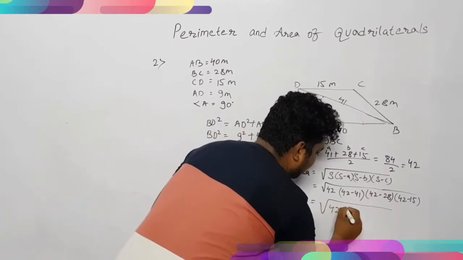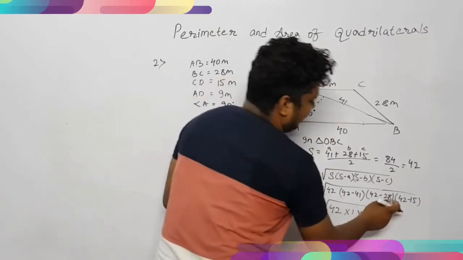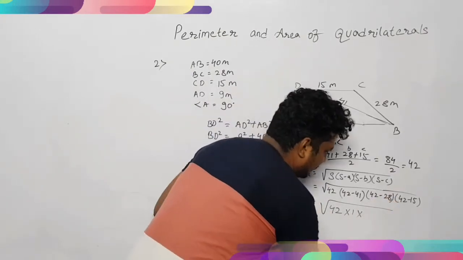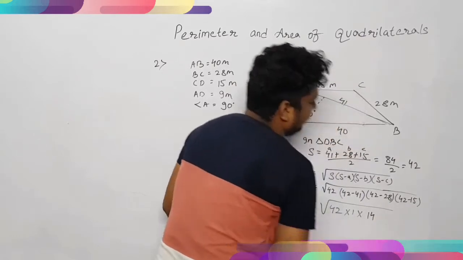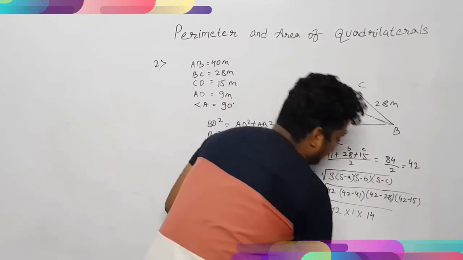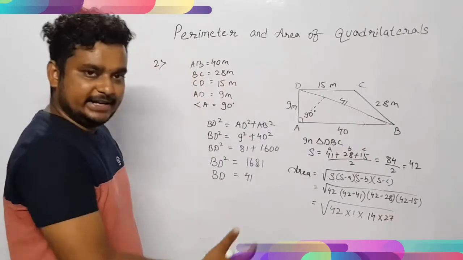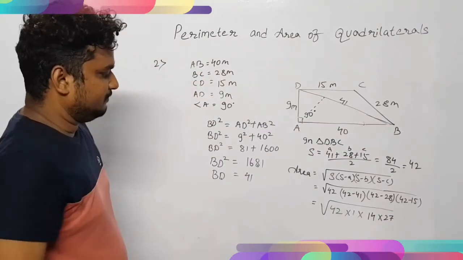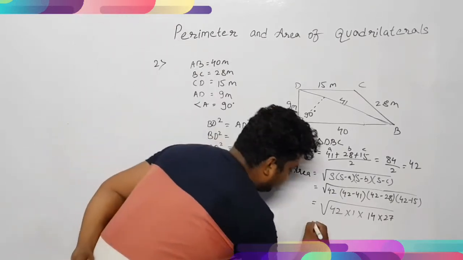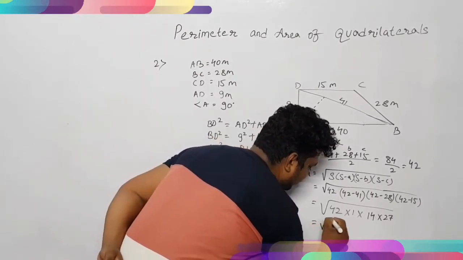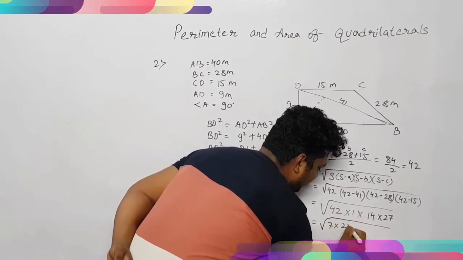So we can write 42 into 1 into 14 into 27. Subtracting 28 from 42 gives 14, and similarly we get 27. Further, to find the solution, we can split it: 42 is 7 multiplied with 6, that is 7 into 2 into 3.